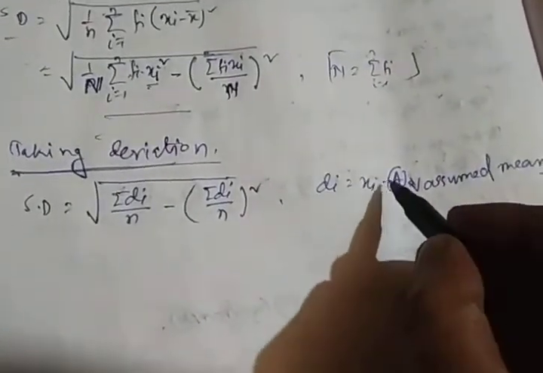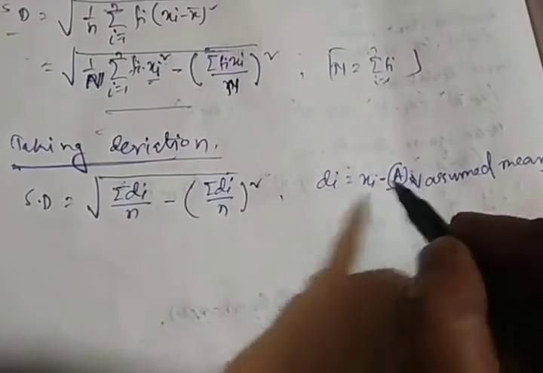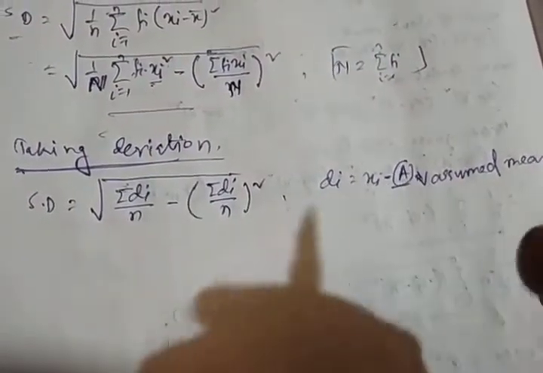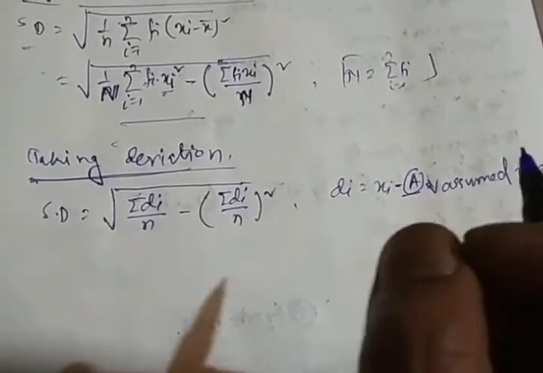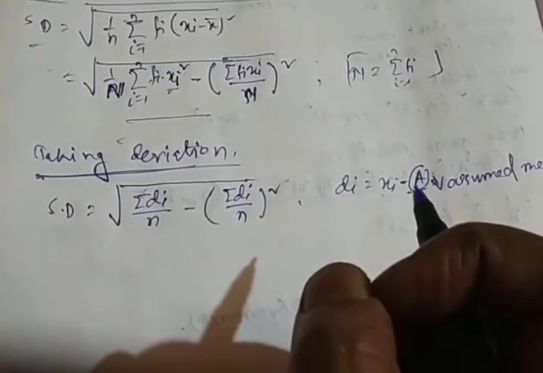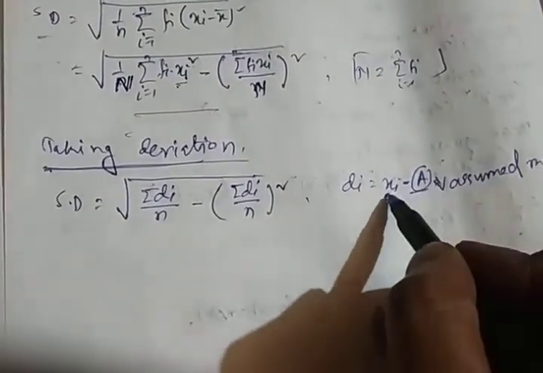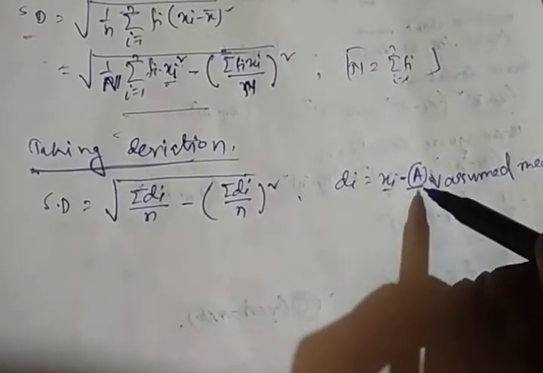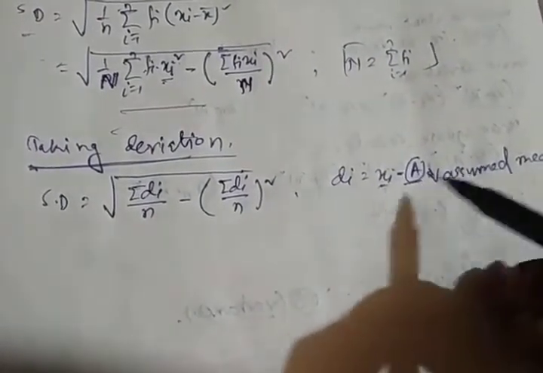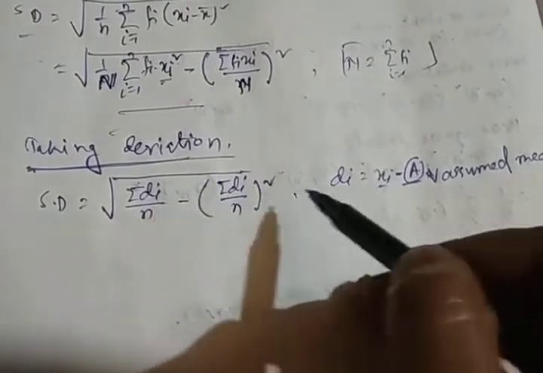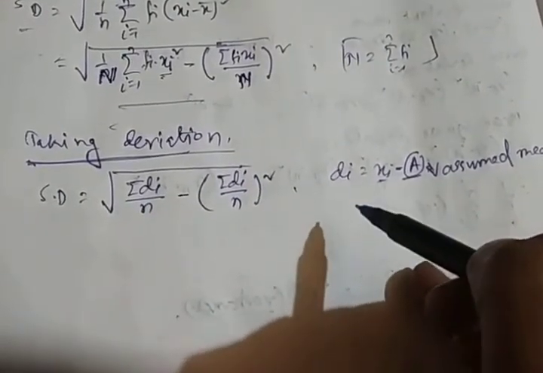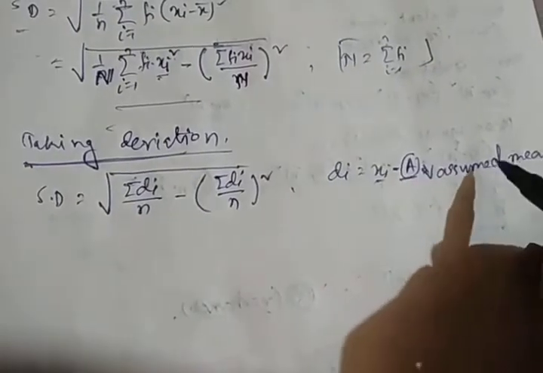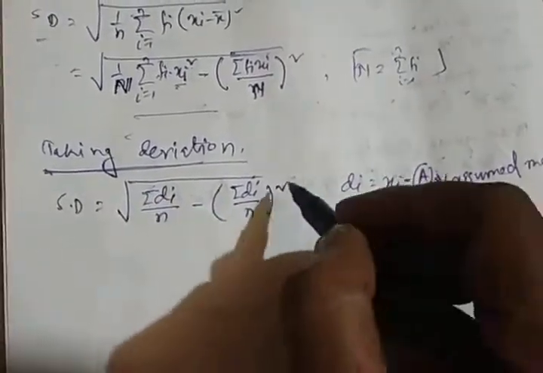Whenever we take an assumed mean a, then xi minus a will be smaller. If xi is very large, then taking the deviation with an assumed mean, we can calculate the data in the simplest form. This is the formula for simple series.